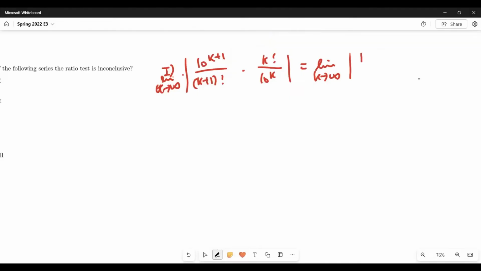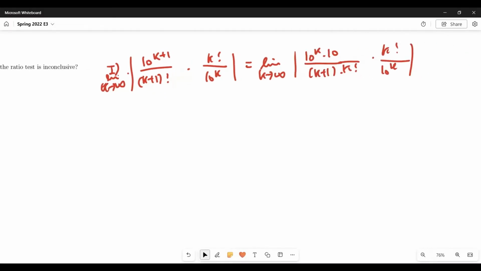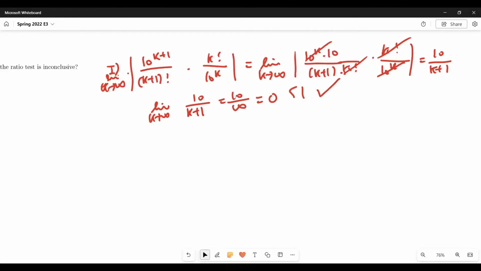This can be written as 10^k times 10 over (k+1) times k factorial, and then times k factorial over 10^k. I'm writing it this way so I can cancel out the terms. 10^k cancels out, k factorial cancels out. So we're left with 10 over k+1. And if the limit as k goes to infinity, this is 10 over infinity, which is 0, which is less than 1, so it's converging.